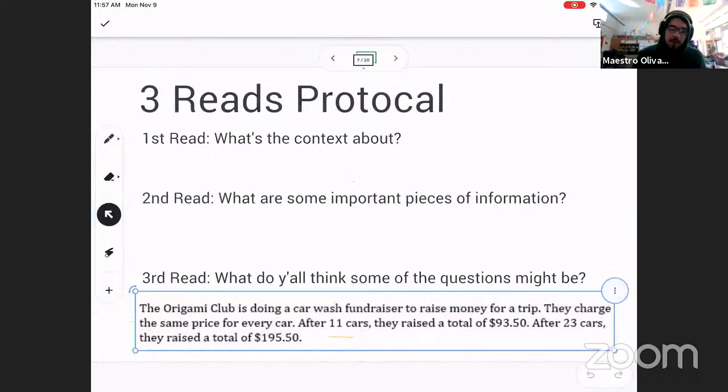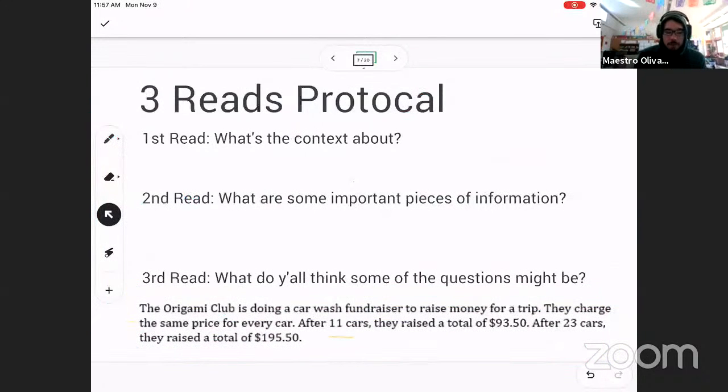We're going to practice a 3 reads protocol now. This protocol will allow us to extract information and make sense of the problem. Avalon, can I please have you read the problem statement?